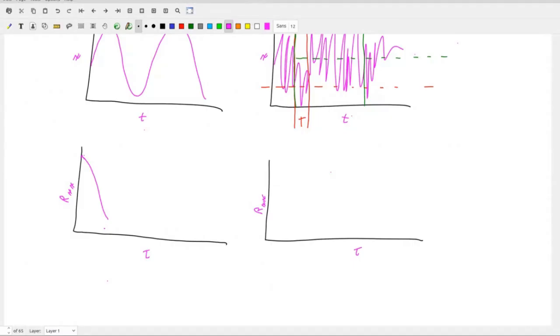But that's going to be, let me make sure I get these plots right. So did I not quite get that? So I have a correlation. Okay, so I've got a correlation that looks like this.